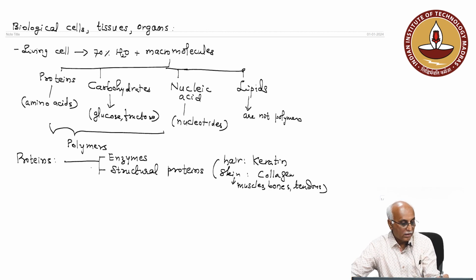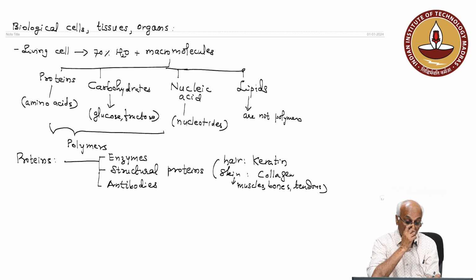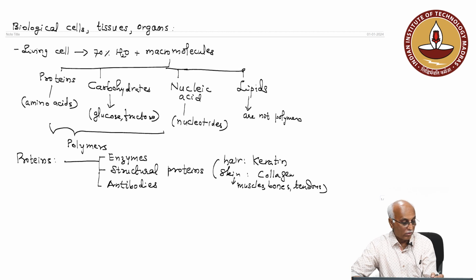Then antibodies. Basically these proteins bind to the foreign body, assisting in eliminating those foreign bodies. So these proteins are of a special type. And there are proteins which are known as transport proteins. They transfer certain nutrients and materials to tissues and cells.